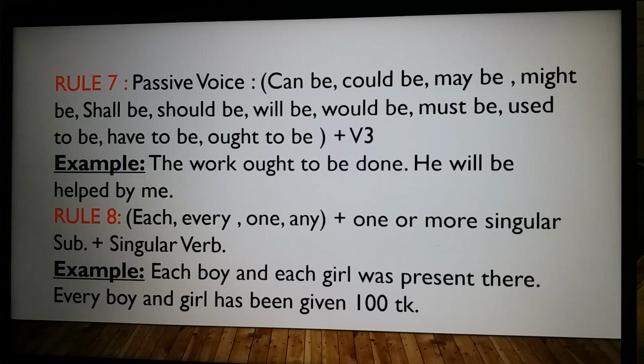Look at the example. Every boy and each girl was present there. Here you see every boy and each girl, two subjects joined with the conjunction and, but we have used the singular verb was. Every boy and girl has been given 100 taka. In the same way, a singular verb is used here because the subjects are joined with every.